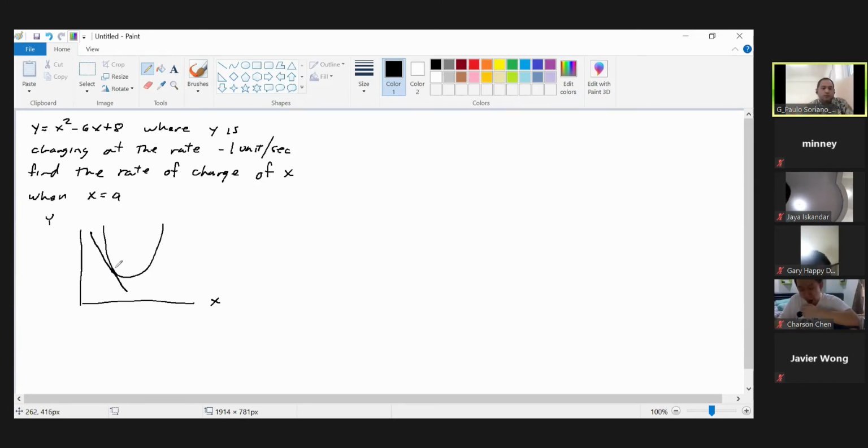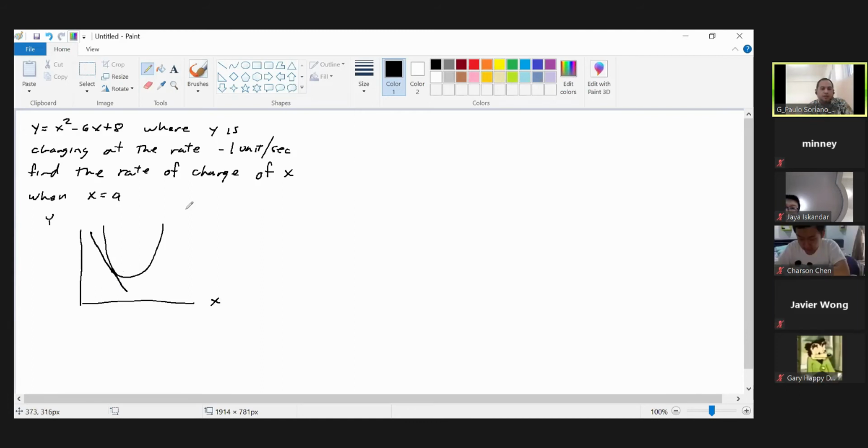So this is now our line or our tangent, and we have a rate of change in either x or y. That means we have our delta y and our delta x over here.